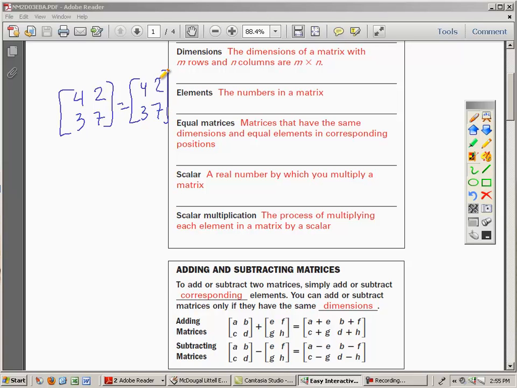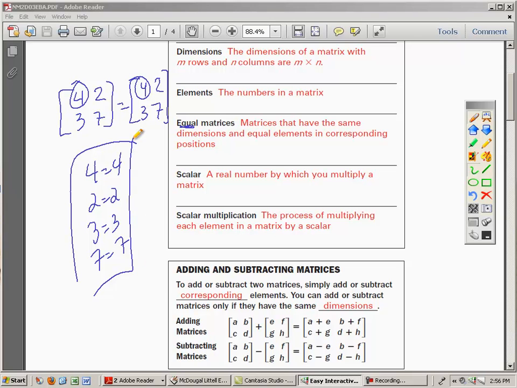We can put variables in there, but for the most part, if two matrices are equal, then each element has to equal its corresponding element. So basically you're getting 4 equations: 4 is equal to 4, 2 is equal to 2, 3 is equal to 3, and 7 is equal to 7. About the most boring 4 equations you're going to get, but each element matches its corresponding part in the other matrix.